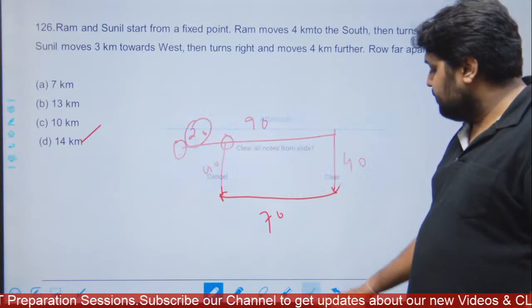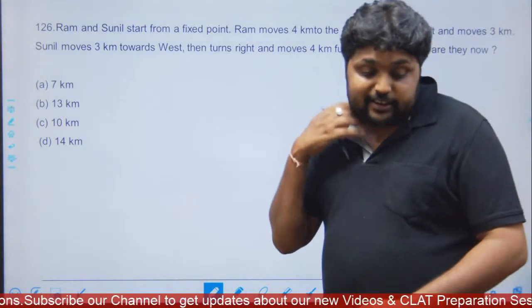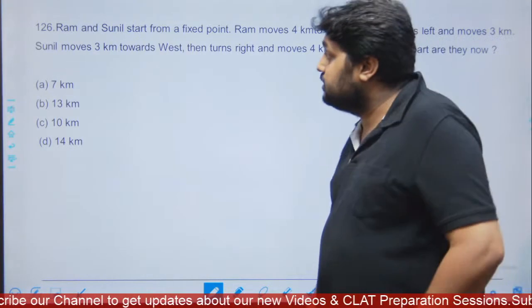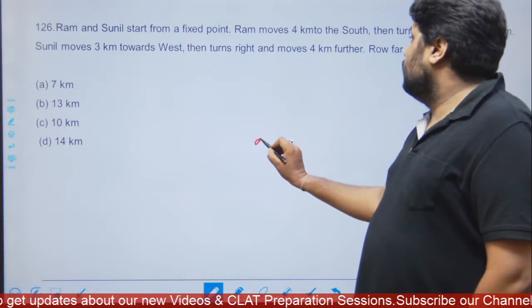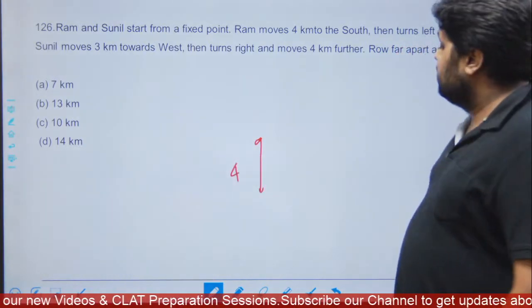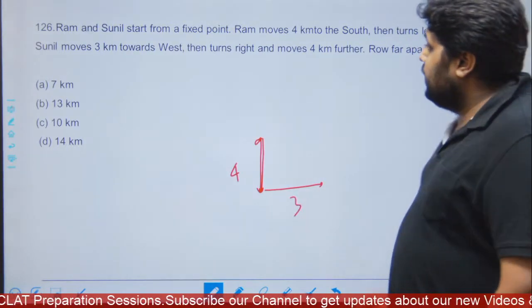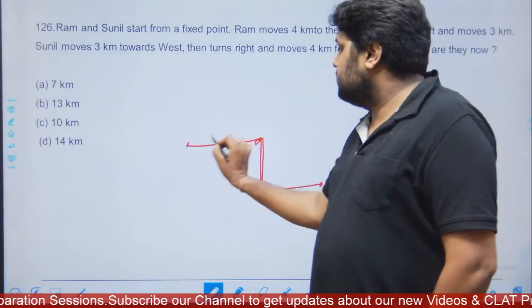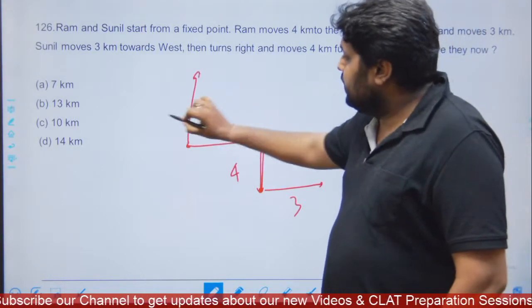This was also easy. Ram and Sunil: this was similar to our class exercise sheets, only the names are changed. Ram and Sunil start from a fixed point. Ram moves 4 km to the south, then turns left and walks 3 km. Sunil moves 3 km towards west, then turns right and moves 4 km.